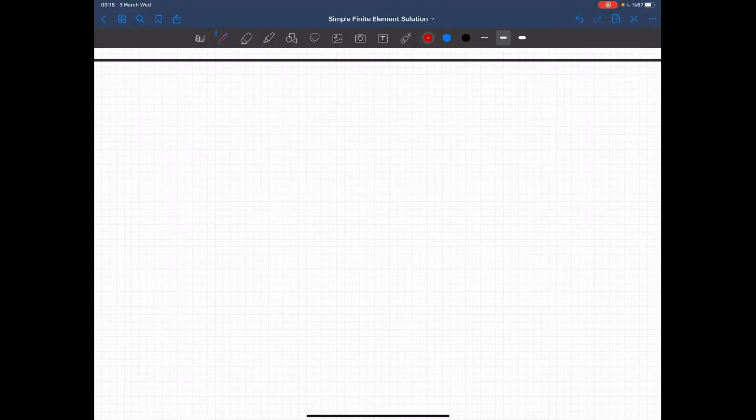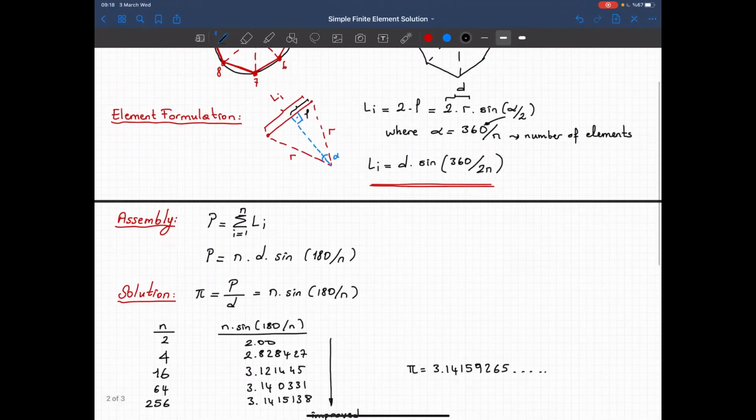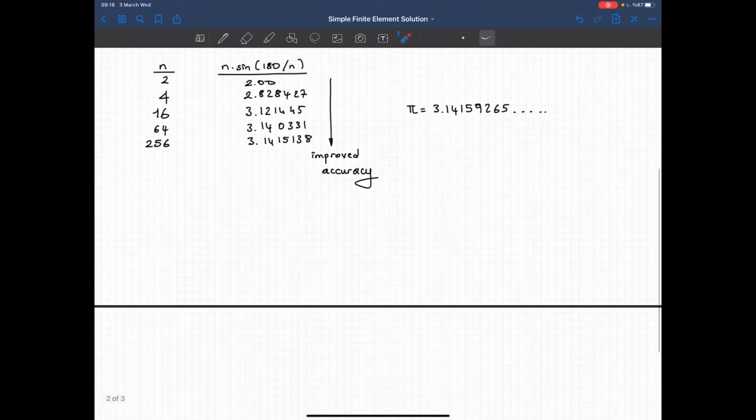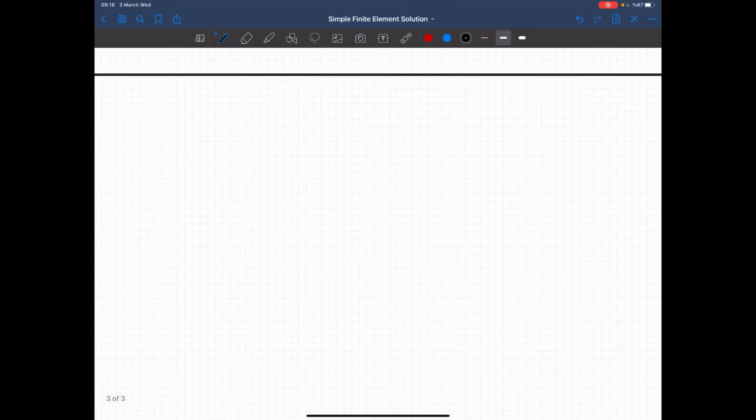Okay, now let's take a look at what we learned in this simple finite element solution. We had a physical object and our task is to calculate P. So the first thing we need is a mathematical model. Let's put that as a note here: what we learned.